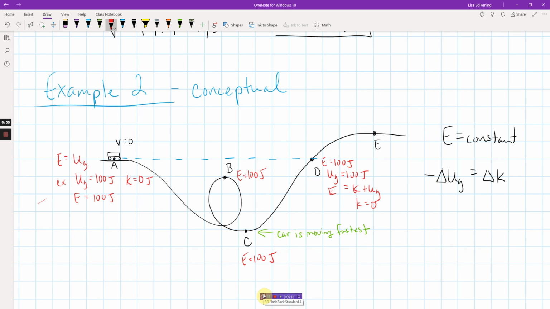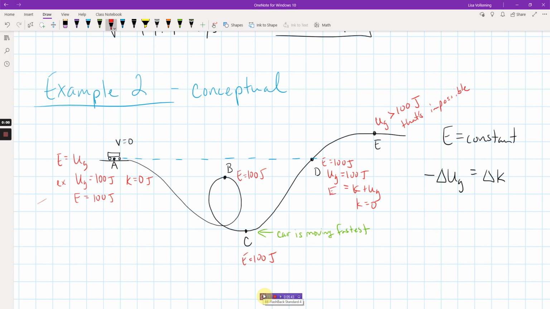It will stop and fall back the other way. There's no way to get to point E, because to get there, you would need a potential energy of more than 100 joules. And that's impossible, because you'd have to get the energy from somewhere.